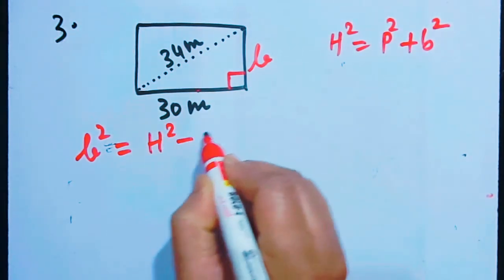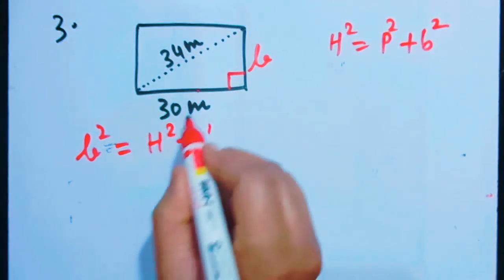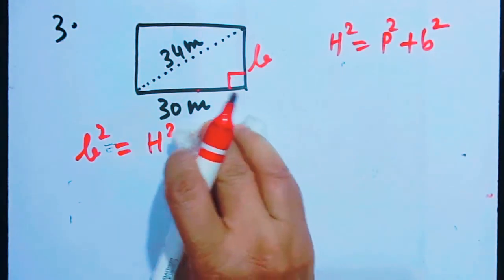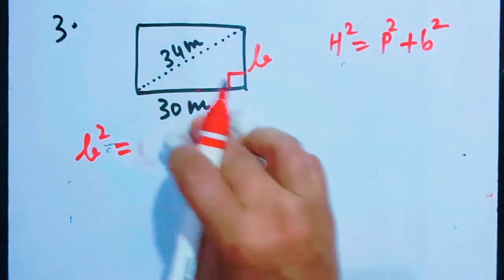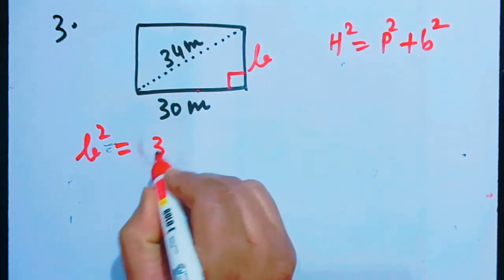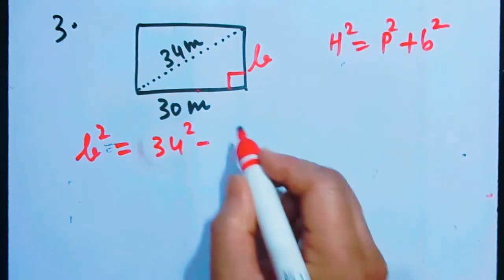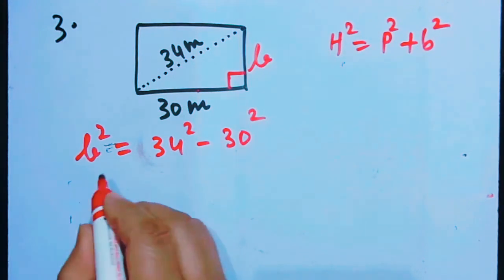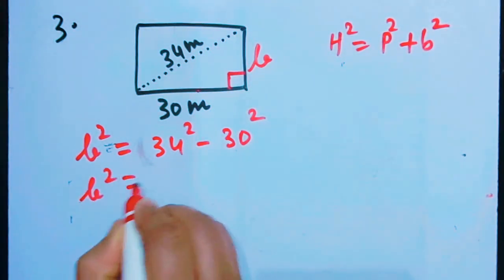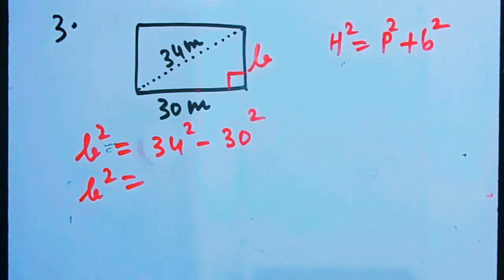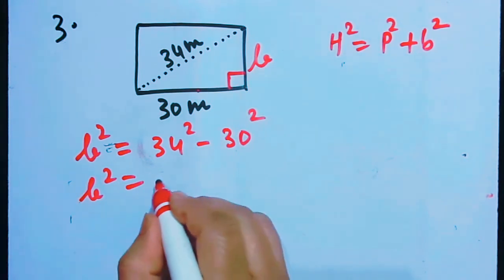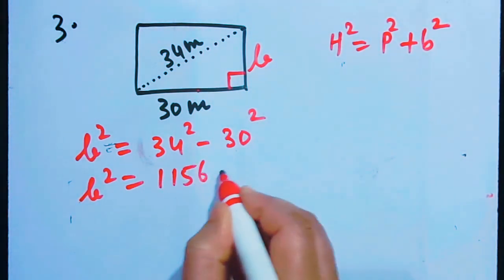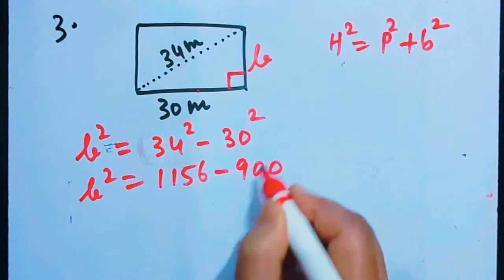H square minus 30 square. So why are we going to write h and p? It's better we write 34 square minus 30 square, isn't it? So 34 square minus 30 square will give you how much? Let us see. So my dear, b square will be equal to 34 times 34, which gives you 1156, and here you have 900.